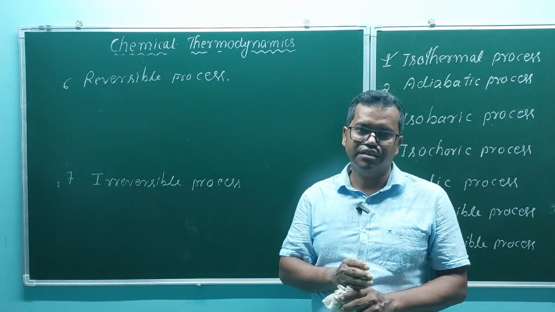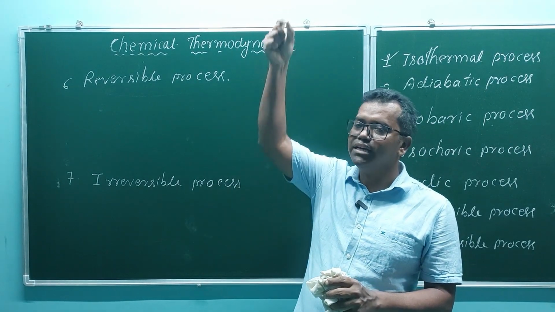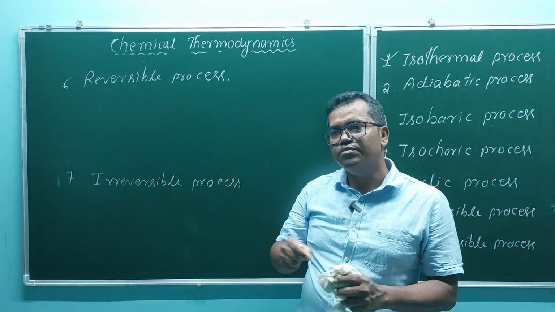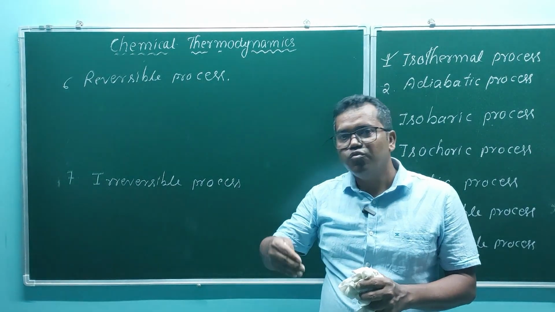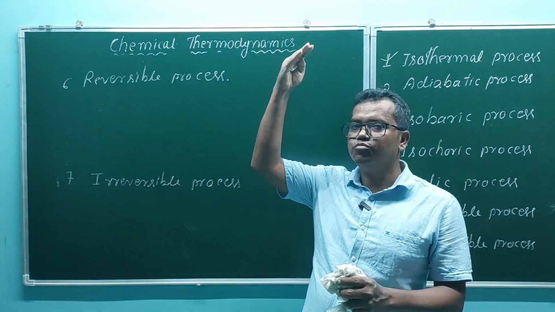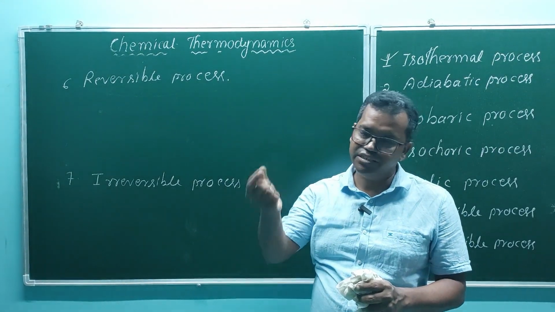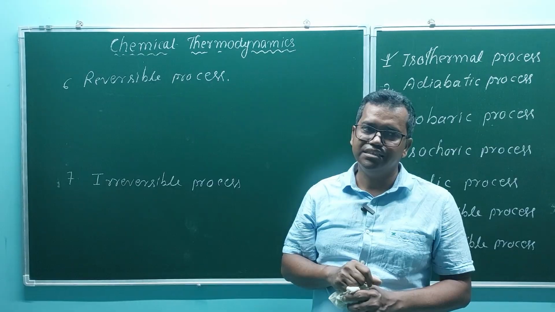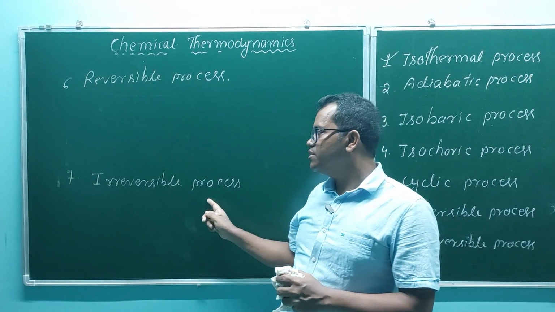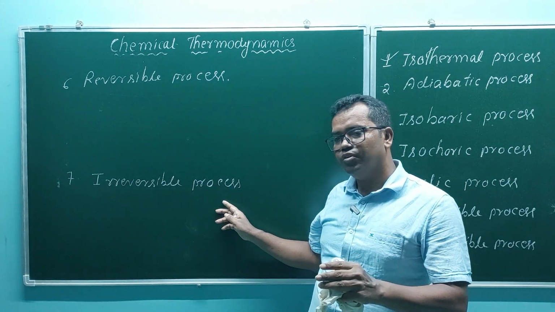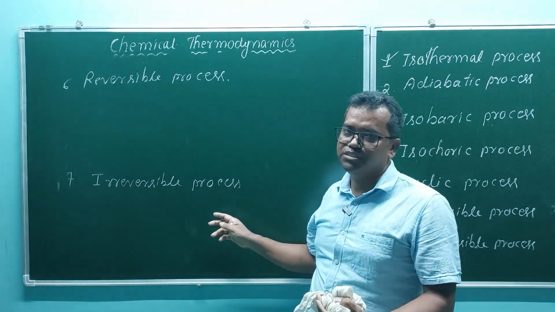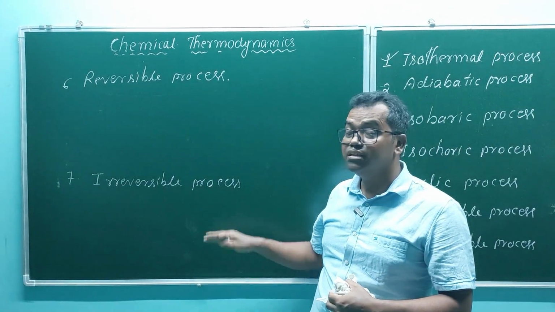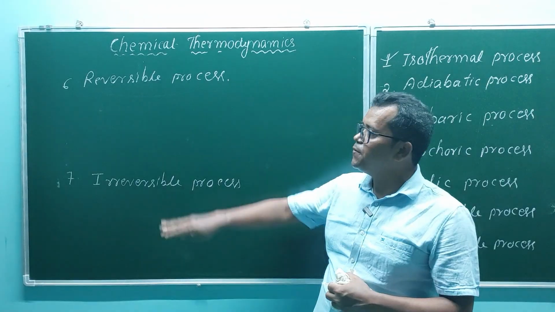Falling of water from the top of the hill is an irreversible process. It cannot go back to the top of the hill unless some external agency is there. Generally all natural processes are irreversible processes.